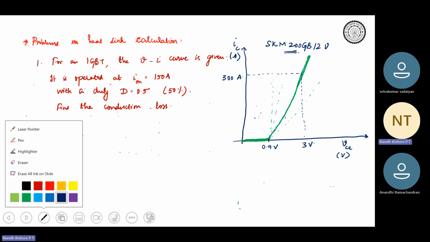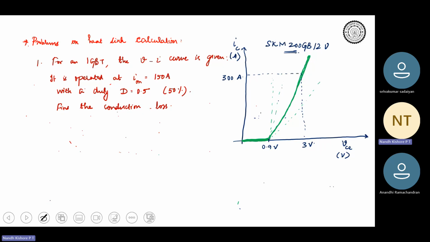So how will you find out the conduction loss? What should be the first step? If you take a MOSFET, we earlier saw that it can operate in three regions: saturation, cutoff, and ohmic.